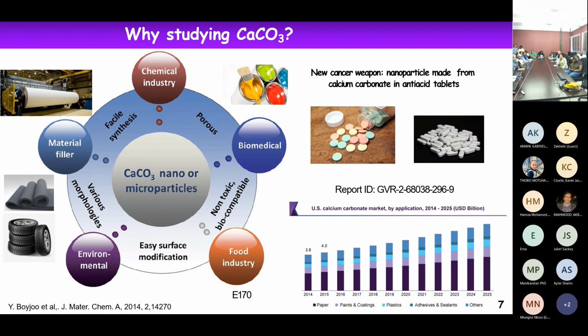In the chemical industry, everything you can find in paints is usually made of calcium carbonate. And in medicine, every time you take a tablet, part of it is calcium carbonate in which you have put some medical drugs.